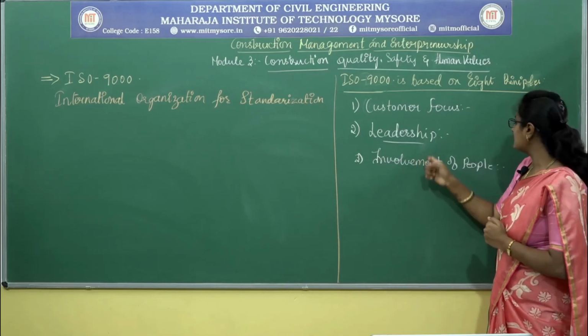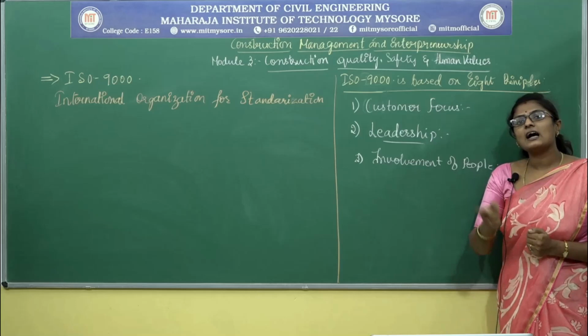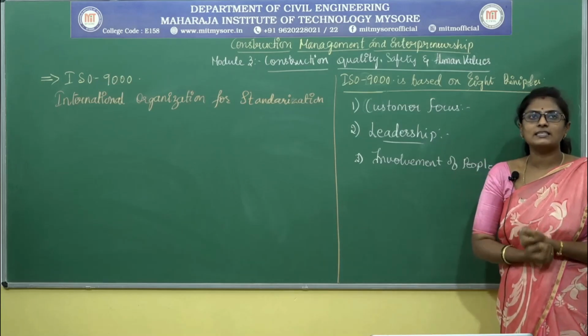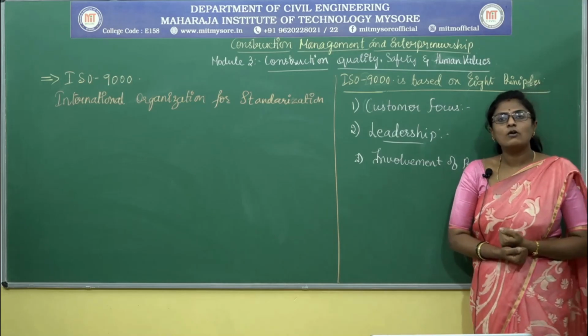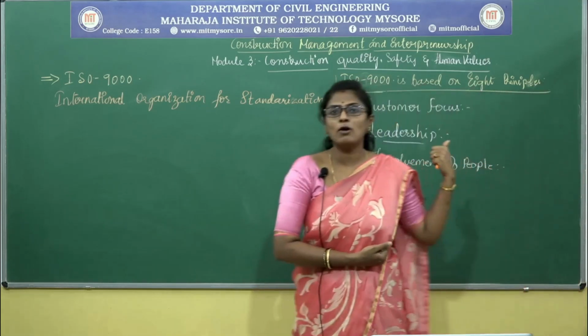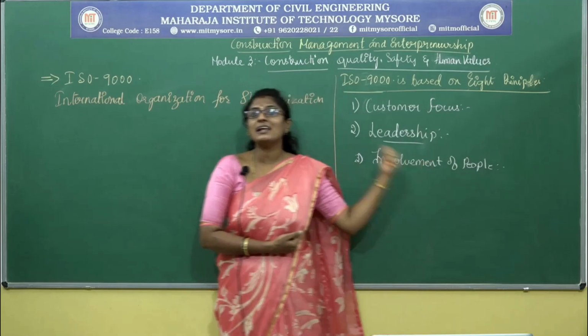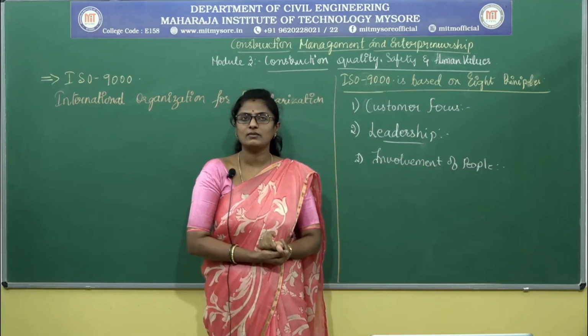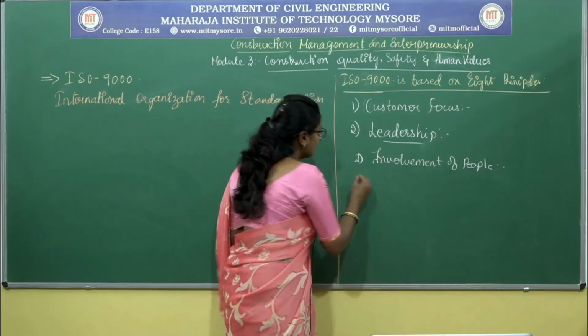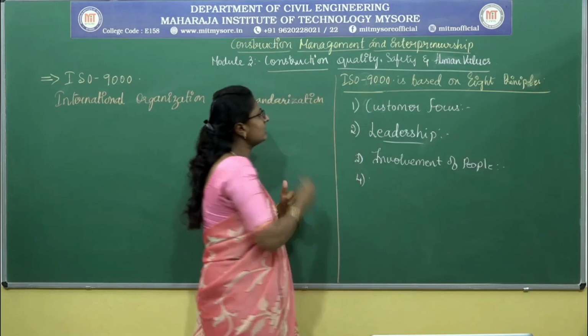This principle says that the employees are the essence of an organization. Thereby, it takes advantage of fully involving employees by using their abilities for the benefit of an organization. Okay, this is the third principle of the ISO 9000.